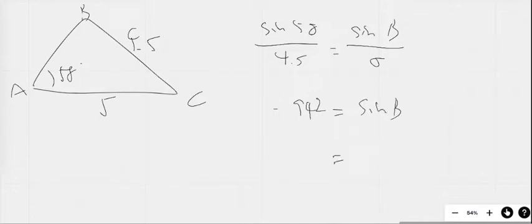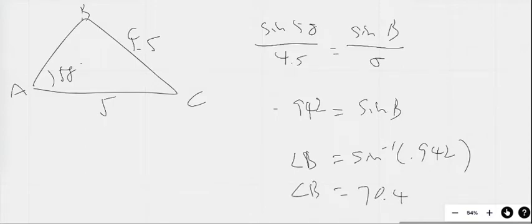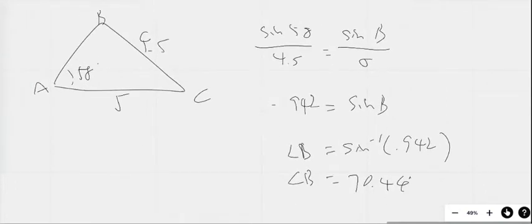And we want to do sine inverse, so angle B is equal to sine inverse of 0.942. Once again, don't forget to use degree mode. The answer is angle B is equal to 70.44 degrees.